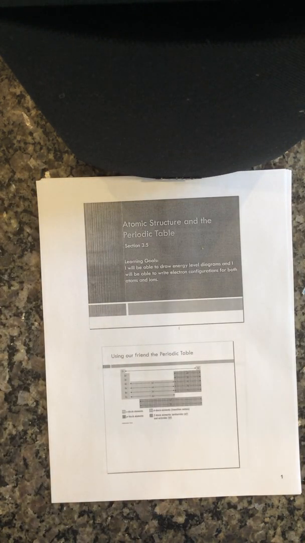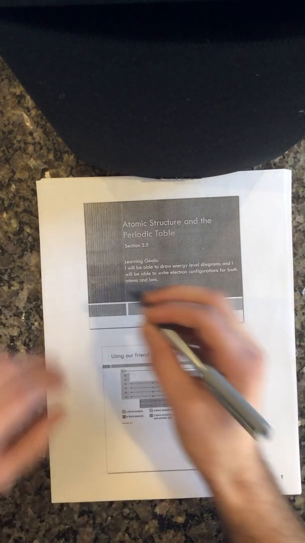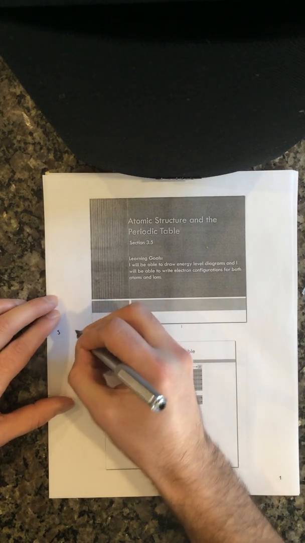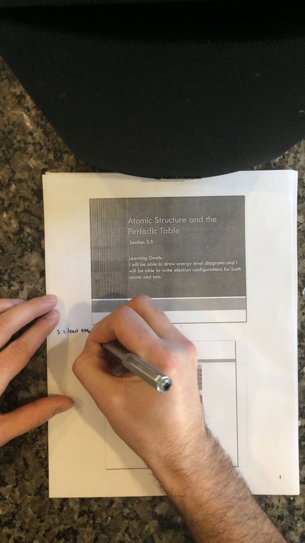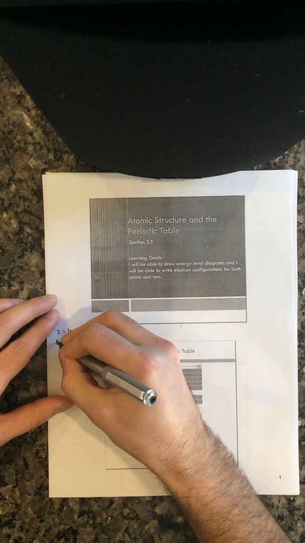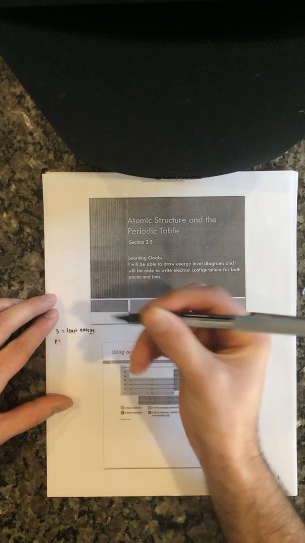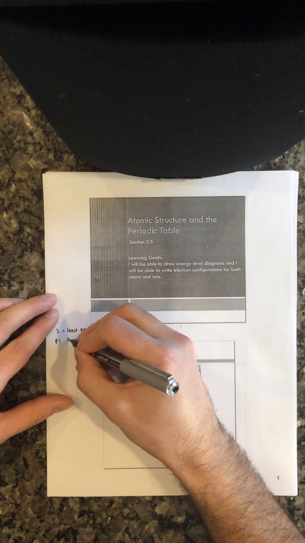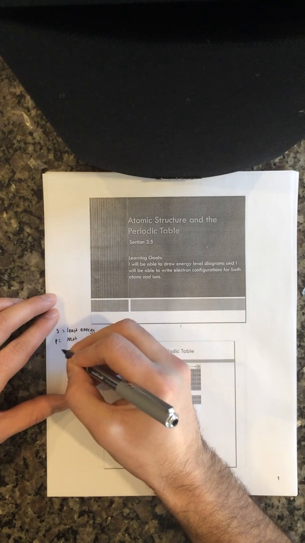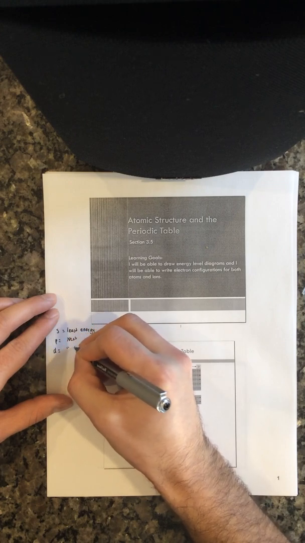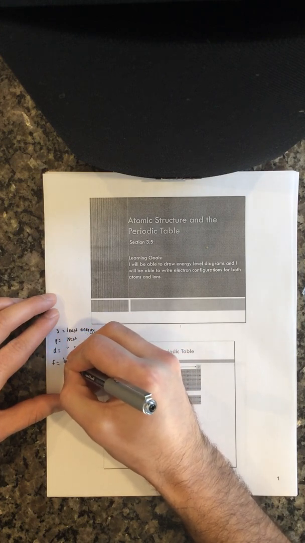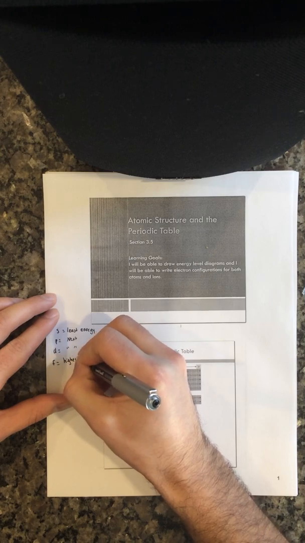So just so you guys are all aware, maybe I'll write this down for us. S, the least amount of energy. P's are next. Then we have our D's, which is once again next in line, and then we have our F's, which are the highest energy.